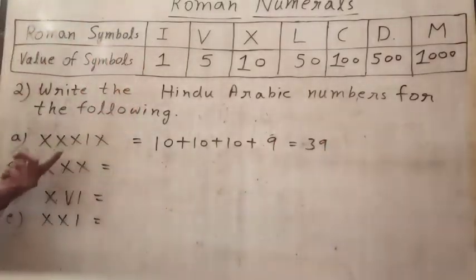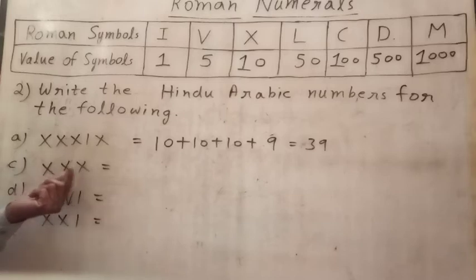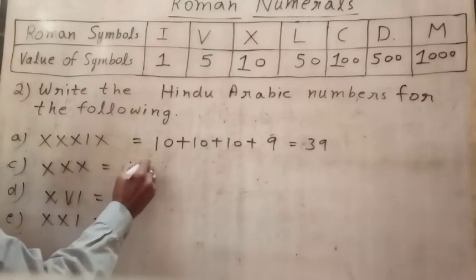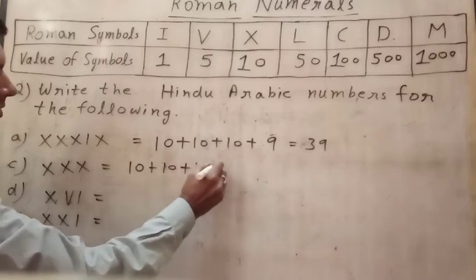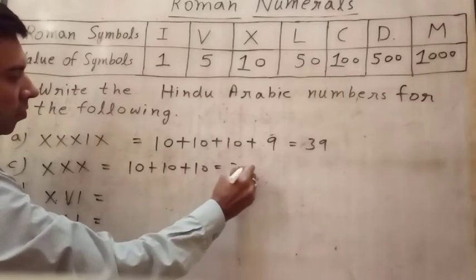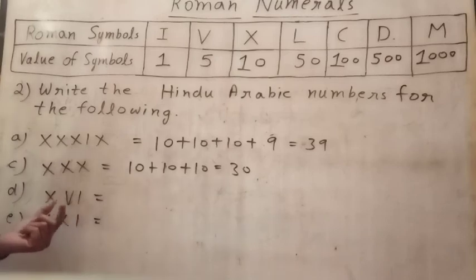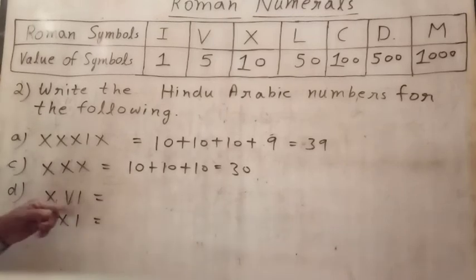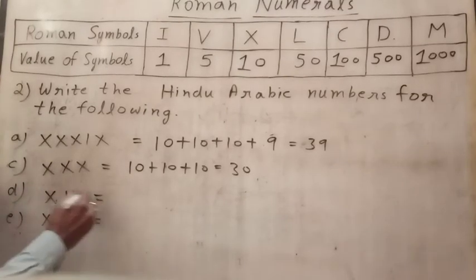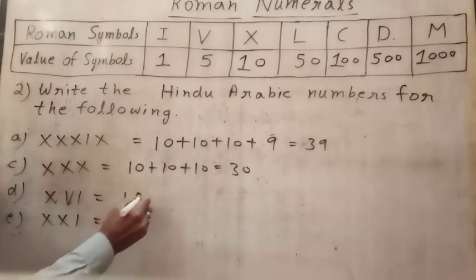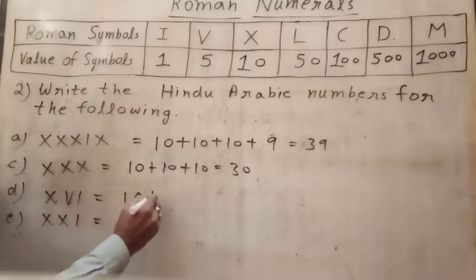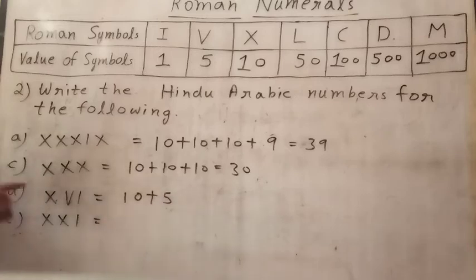Clear? Now XXX, 10 three times. 10 plus 10 plus 10. What is the value? 30. Clear? Now XVI. What is the value of X? 10. Clear? Value of V, 5. What is the value of I? 1.